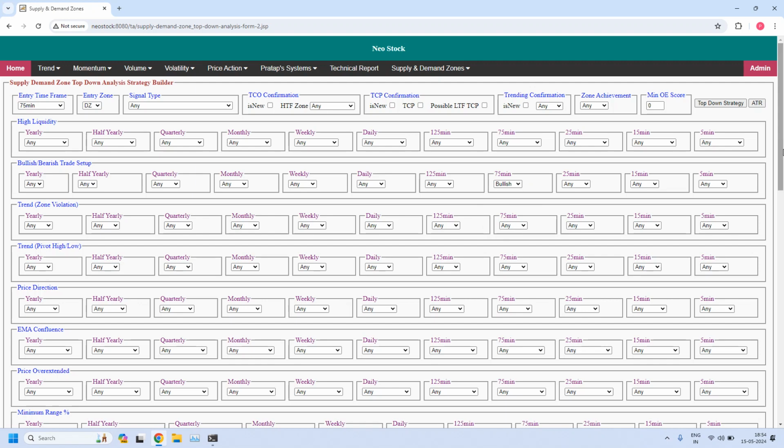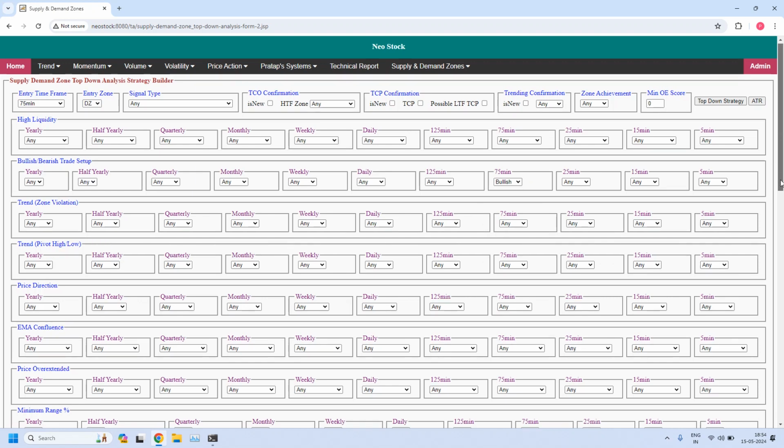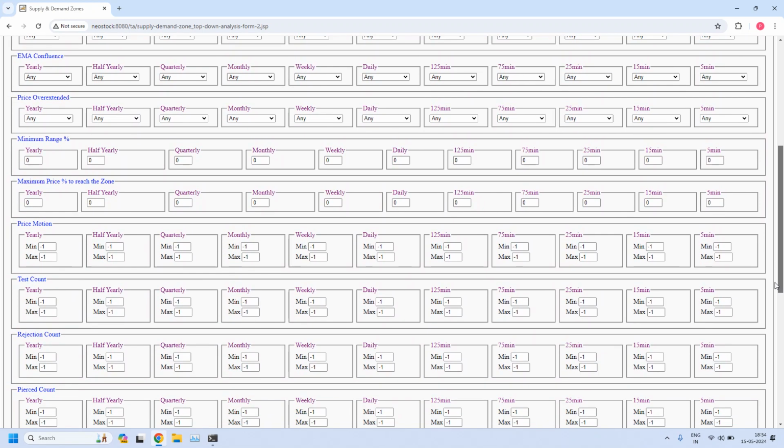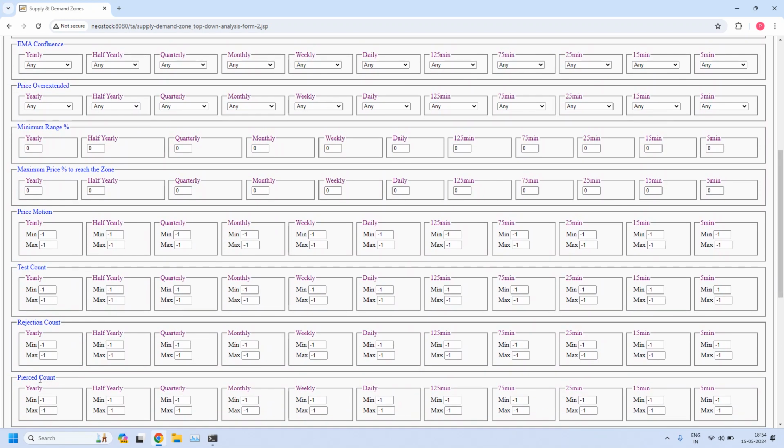And the 3 filters, first filter, POS count should be 0. But this time our entry time frame is 75 minutes. So in 75 minutes time frame, the minimum value you have to set is 0 and maximum value 0.